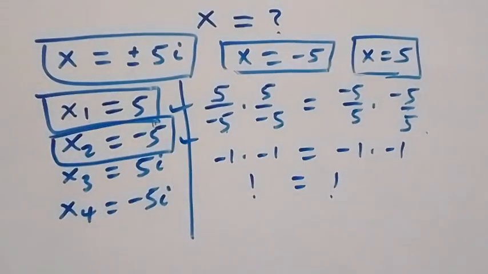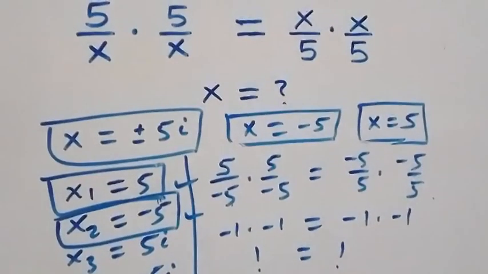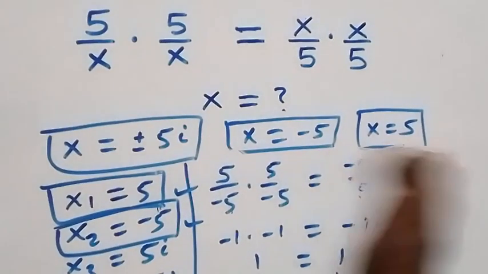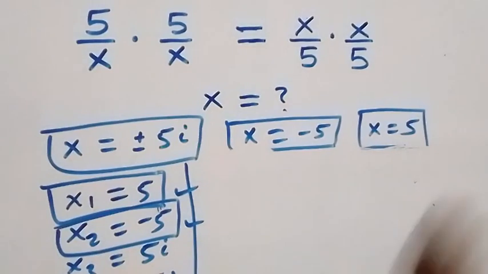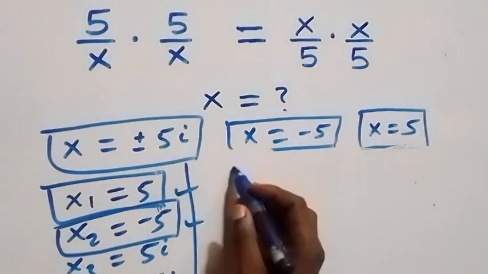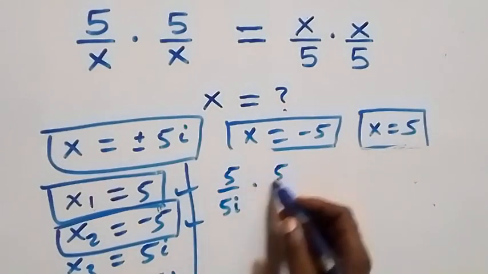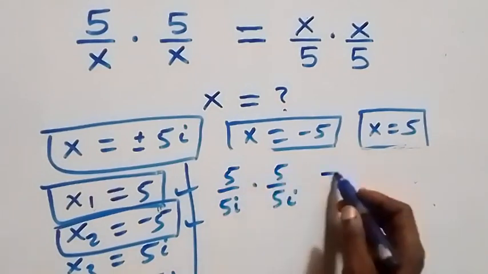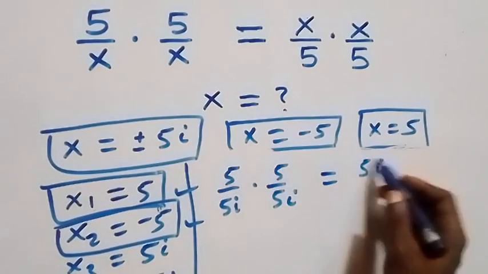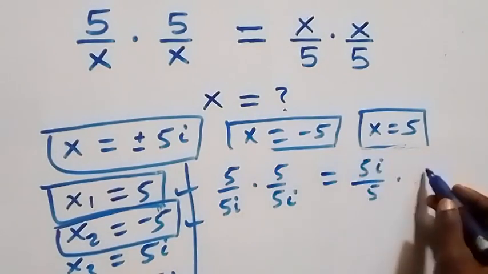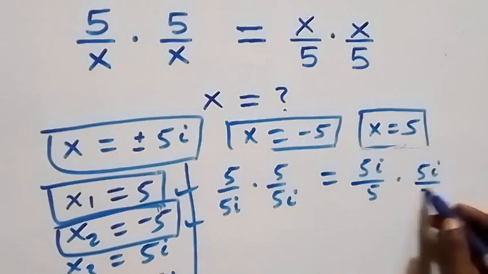Now, for x equals 5i, which is the third solution, we substitute, and what we have becomes 5 over 5i times 5 over 5i is equal to 5i over 5 times 5i over 5.